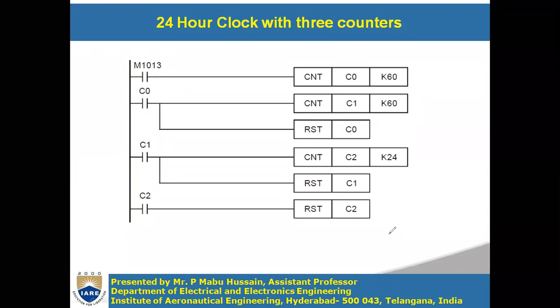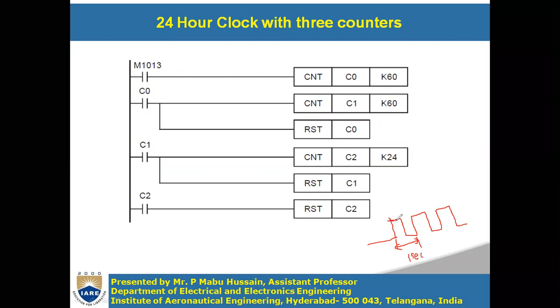If you observe the pulses produced by M1013, they will be like this: 0.5 second on time, 0.5 second off time. Total from here to here, it is 1 second.